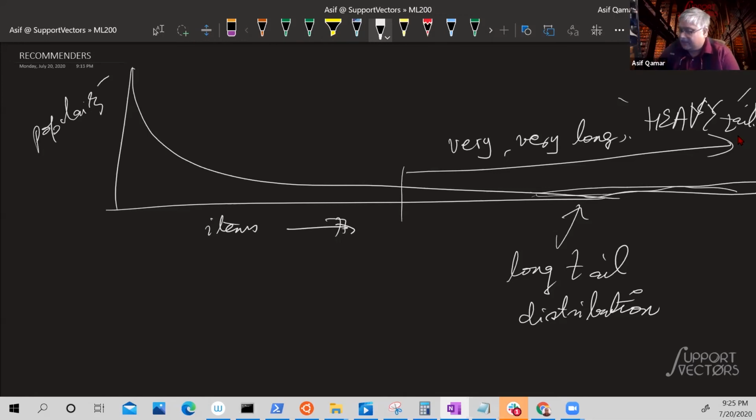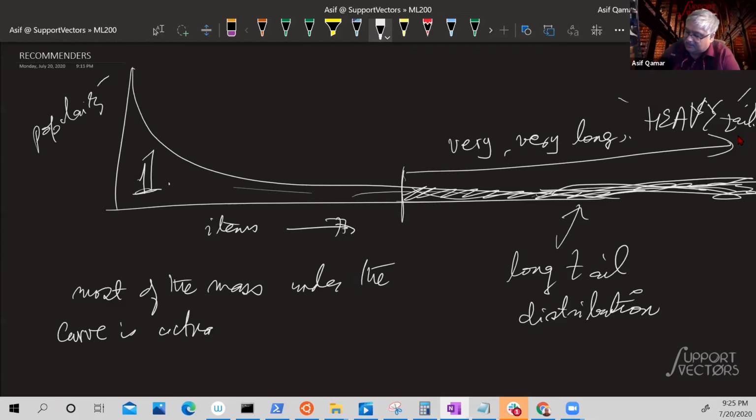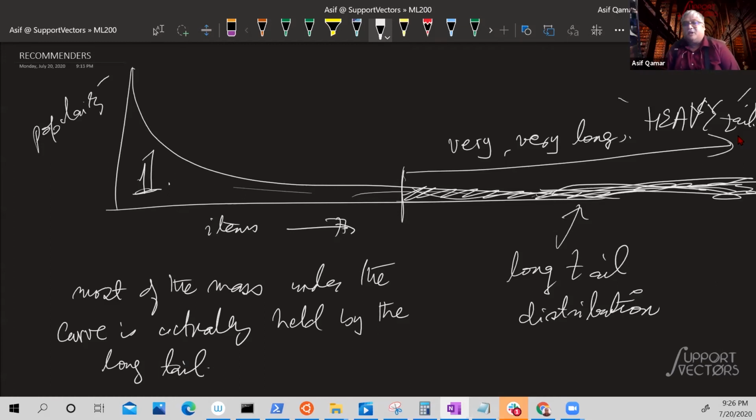It means if you look at the total area under this curve, you realize that most of the mass under the curve is actually held by the long tail. And therein is actually the business model of a lot of these e-commerce sites.